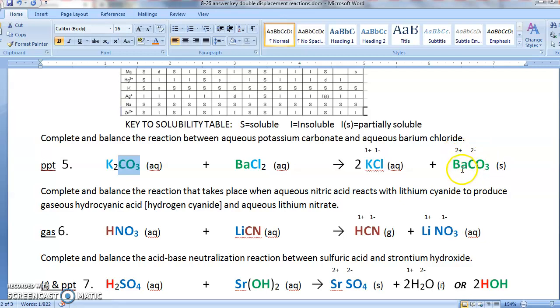We crisscross. The formula is BaCO3. It will precipitate out of solution. Potassium's 1 plus, the chlorides are 1 minus. Crisscross. The formula is KCl. We have 2 K pluses here. We have 2 Cl minuses here, so we need to put a 2 in front in order for those to be balanced.